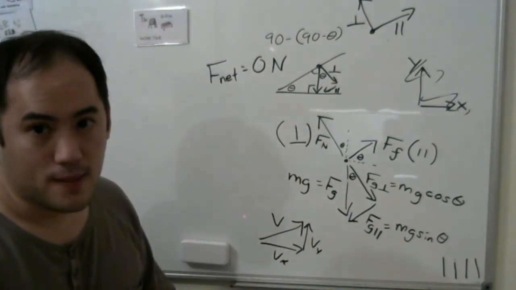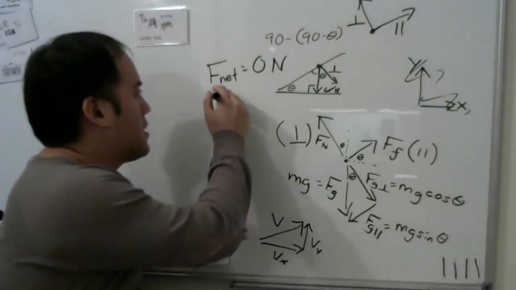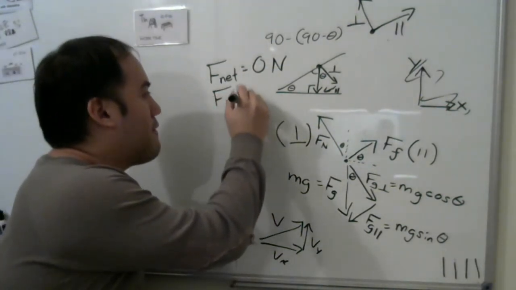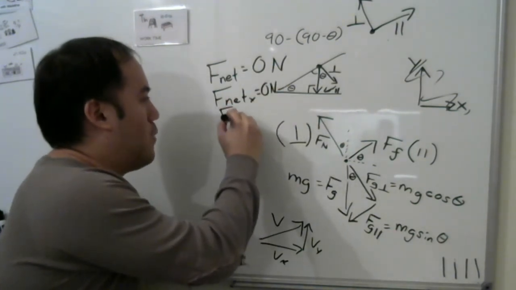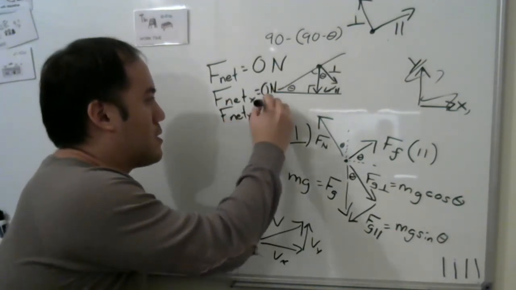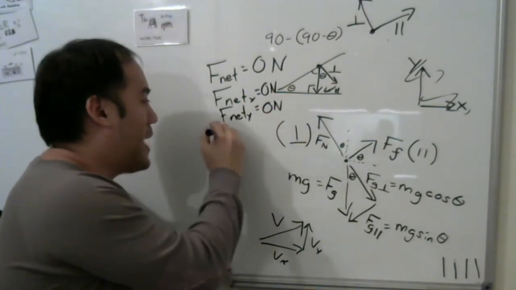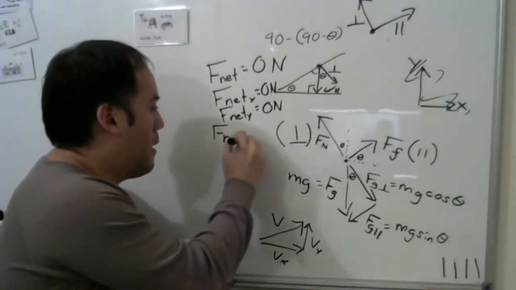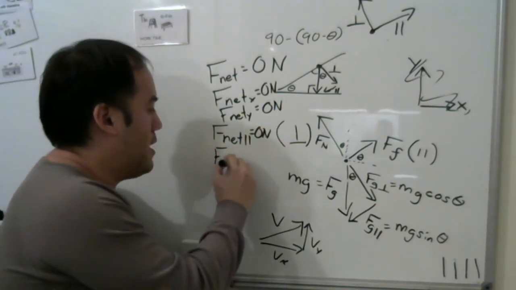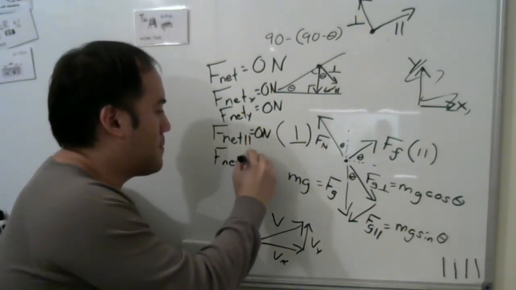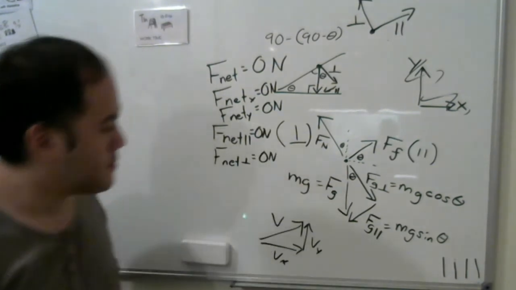But it's a vector. So we could say F net x equals 0 newtons, and F net y equals 0 newtons. I'm writing a lot. But actually, we're going to say F net parallel is 0 newtons, and F net perpendicular is 0 newtons.